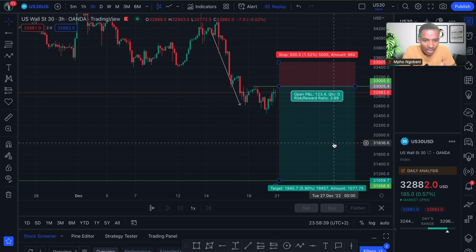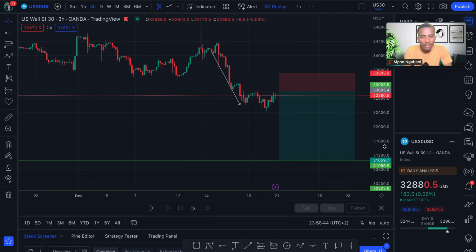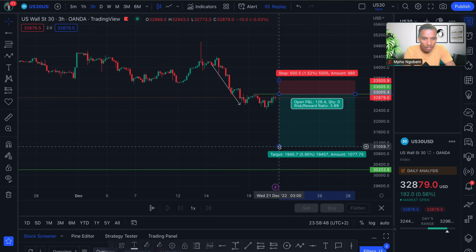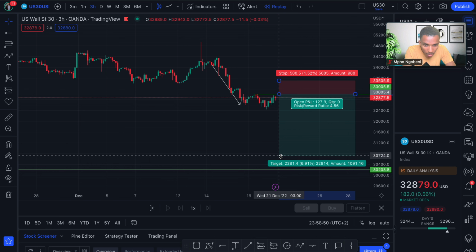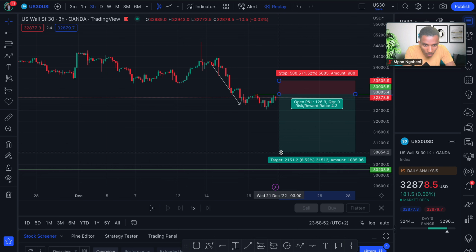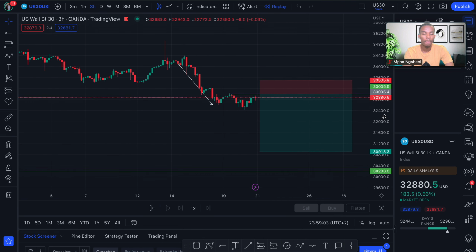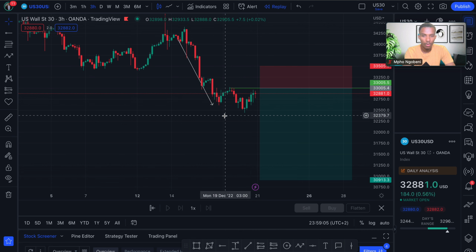Oh, it's 1000 pips. I'm drawing the wrong time. We have to take it to 2000 pips, because that's what we are aiming for, somewhere there. So that's the goal, 2000 pips.